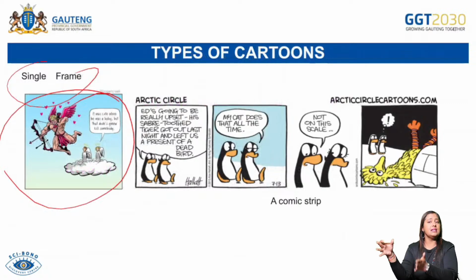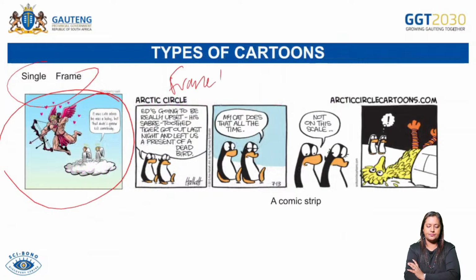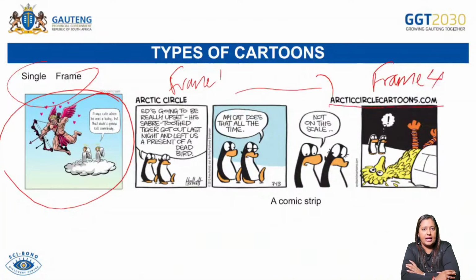When there's a series of frames, that would then be a cartoon strip. All right. And then there's action happening from frame 1, for example, all the way to frame 4. Right. This here is obviously where you would find the comic strip on the internet if you're going through. And then this is obviously the signature there of the cartoonist.